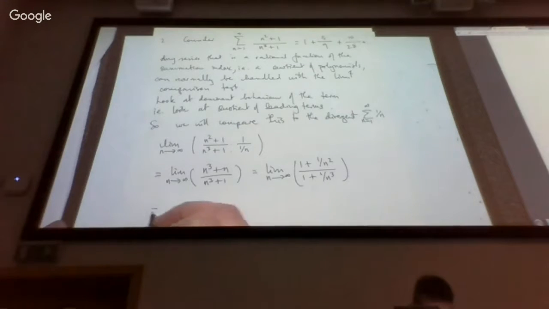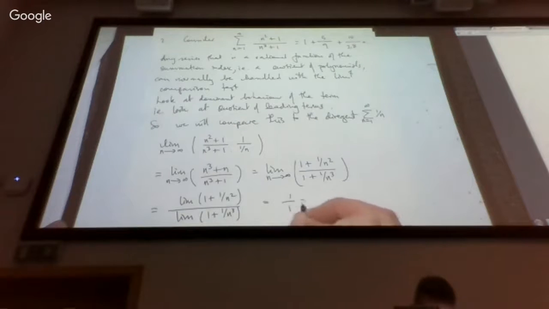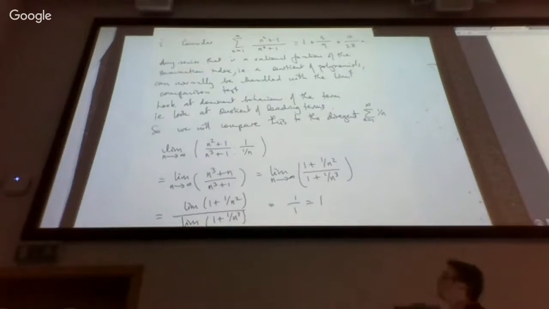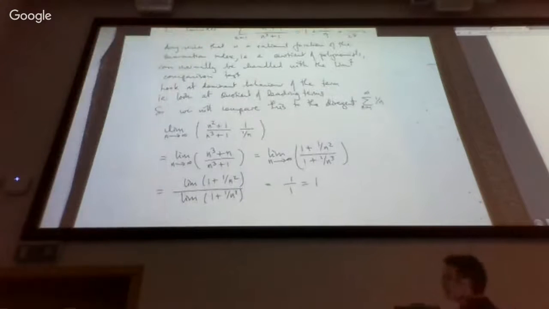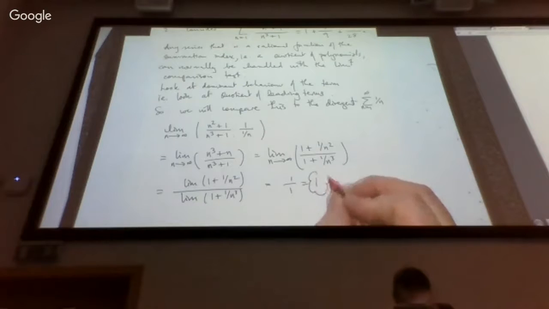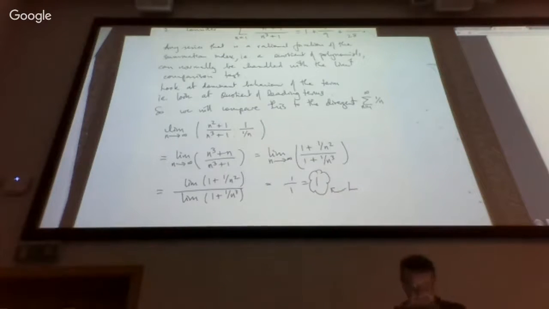So now you can say that this is equal to the quotient of the limits, which is just 1 over 1, which is just 1. So this is our L. In the notation of the test over here, this is our L. But all we have to have for L here is just that it be strictly bigger than 0, which, of course, 1 is.